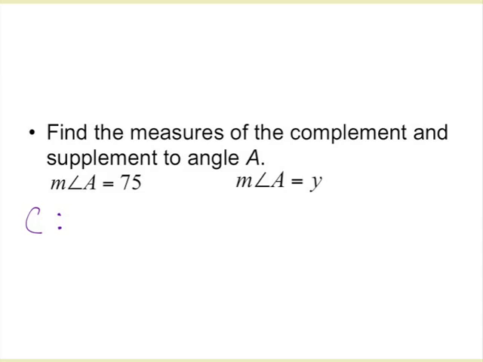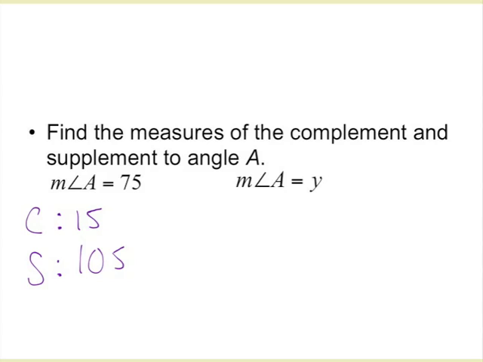It is 15. What do we know about complementary angles? They need to add up to 90. So our complement would be 15 because 75 plus 15 equals 90. What about our supplement? 105. 105, because supplementary angles need to add up to 180. So 105 plus 75 equals 180.